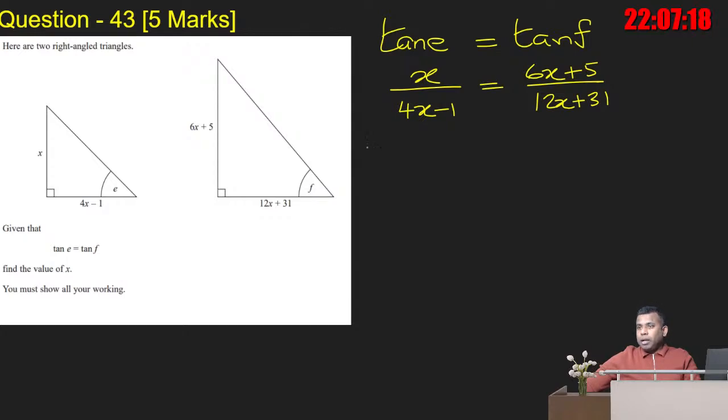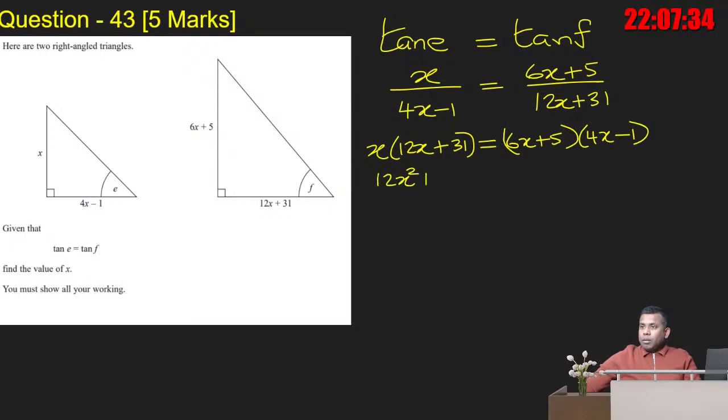So now cross multiply: x times 12x plus 31 equals 6x plus 5 times 4x minus 1. Now expand the brackets. So 12x squared plus 31x equals 24x squared minus 6x plus 20x minus 5.